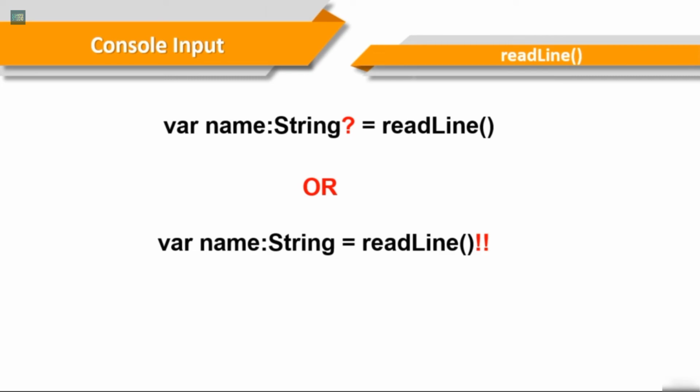The second way is to put two exclamation marks at the end of the readLine method. This means that we're completely sure that the user is entering data. Even if the user does not enter any data, the program will assume that the user has entered some data, and an error can be avoided that way too.